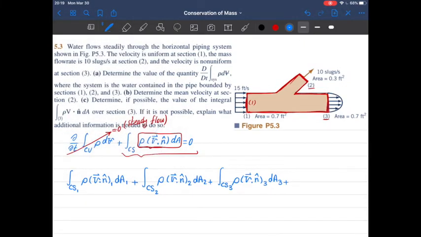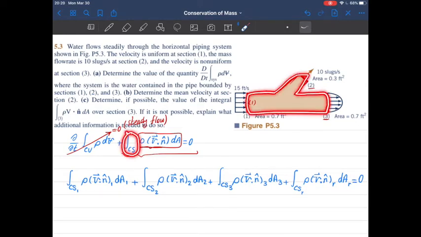So plus the rest of the control surface, rho v dot n of the rest and its area, and this will be equal to 0. So we have split this single integration over the whole control surface into 4 different integrals: one for surface number 1, one for surface number 2, one for surface number 3, and one for the rest of the surfaces.